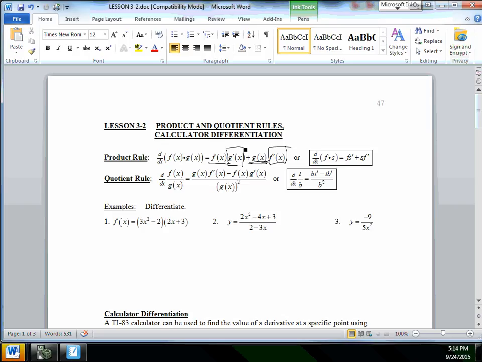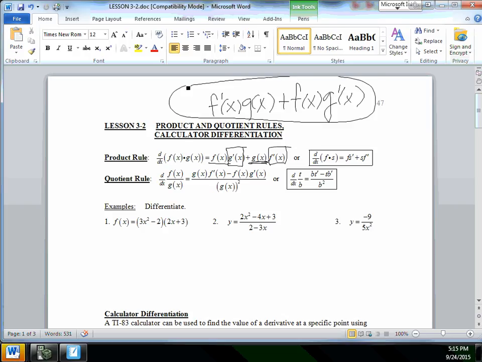Because we're doing addition, order doesn't matter. So this is the way I like it written. Here it is written out as just f times s prime plus s times f prime. Either way, know the formula.